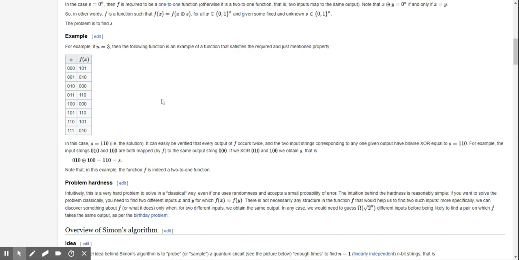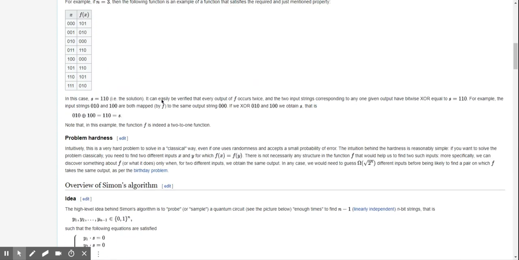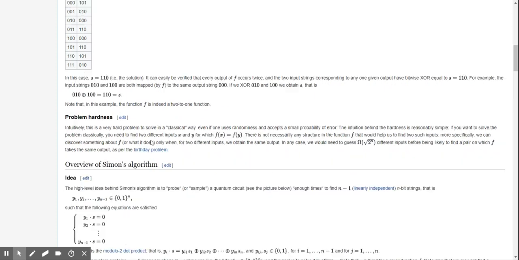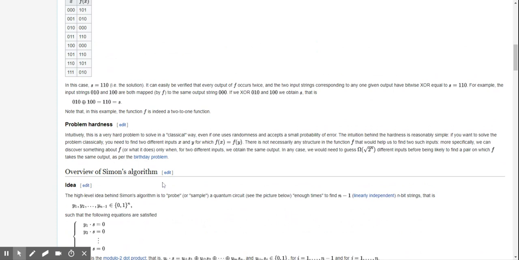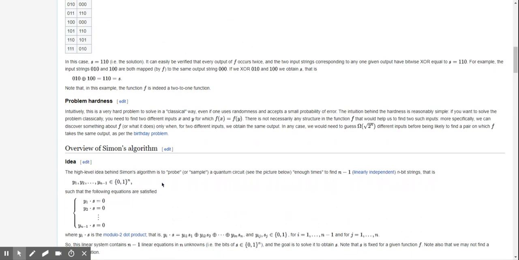Perfect. Because that's going to help me understand the set of y's that we're getting. My guess is that those y's have to do somehow with this s, but I'm not so sure why.